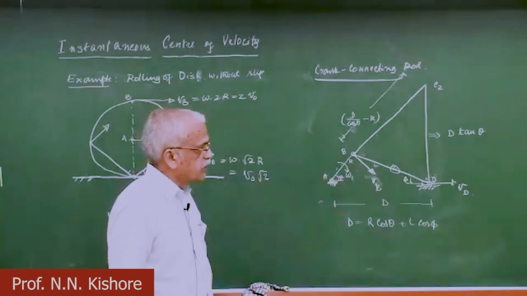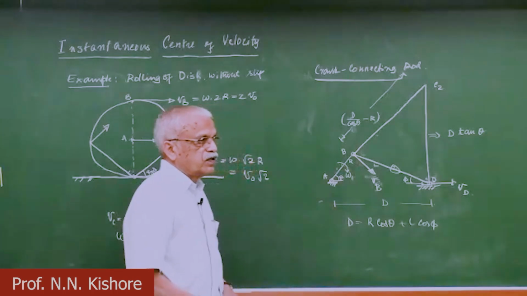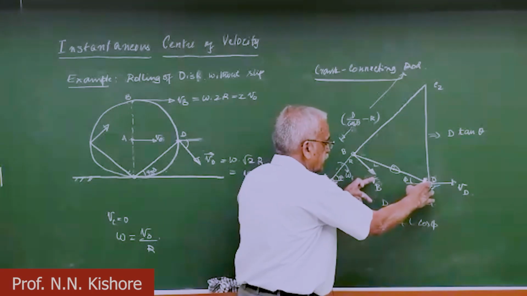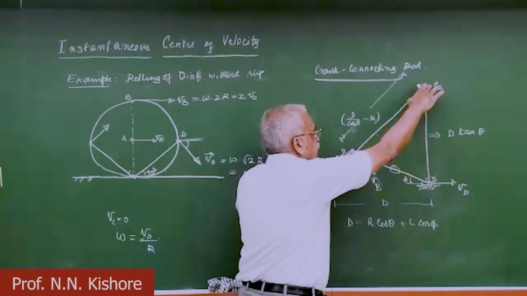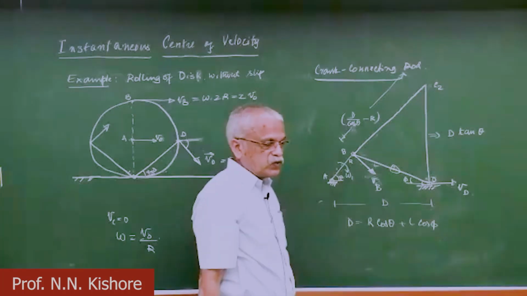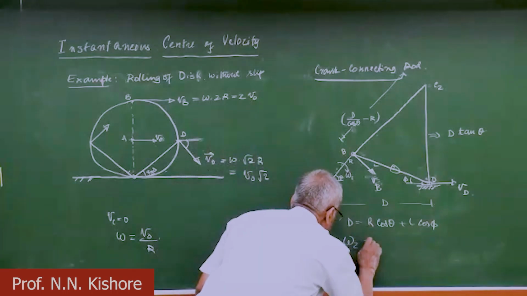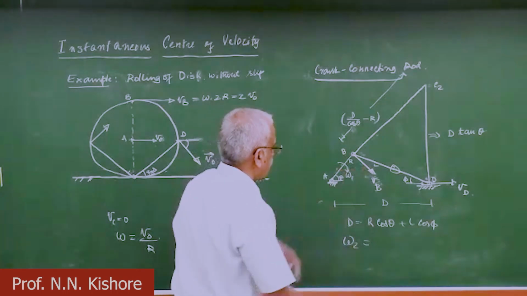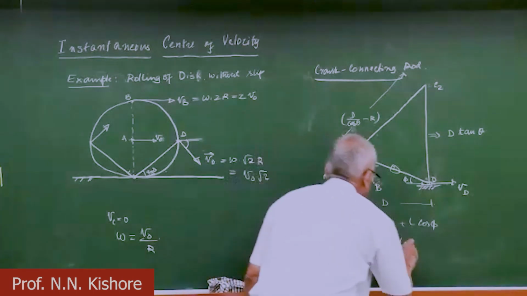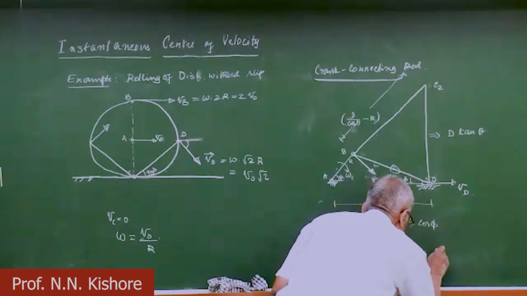The rest of the analysis follows very simply: what is the angular velocity of link 2? You can see that this point is moving like this, and that point is moving like this. So essentially the whole connecting rod is rotating about the instantaneous center C2. So how much is omega 2? Omega 2 is nothing but VB divided by D by cos theta minus R.